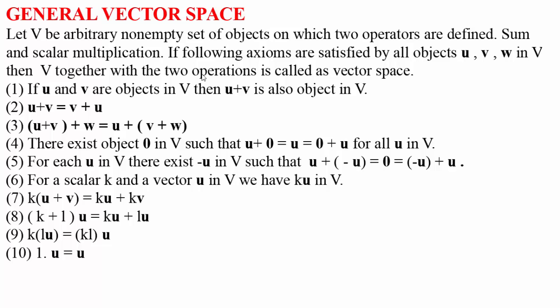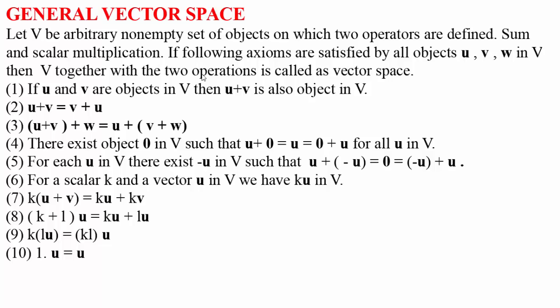Fifth axiom, for each u in V, there must exist minus u in V such that u plus (minus u) equals 0, which equals (minus u) plus u, for all u in set V. This means there must exist an additive inverse for each object in the set V. Sixth axiom, for a scalar k and a vector u in a set V, we have ku in V. That means scalar multiplication is closed.